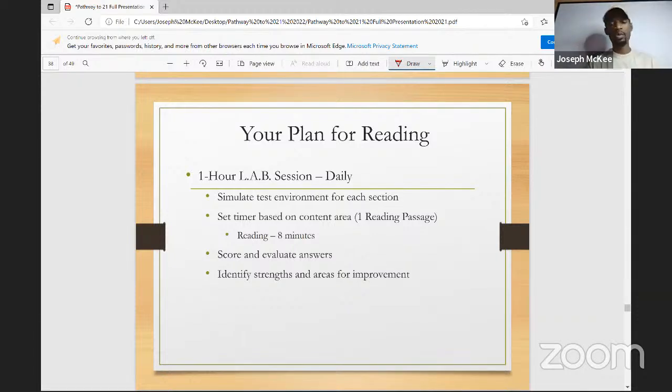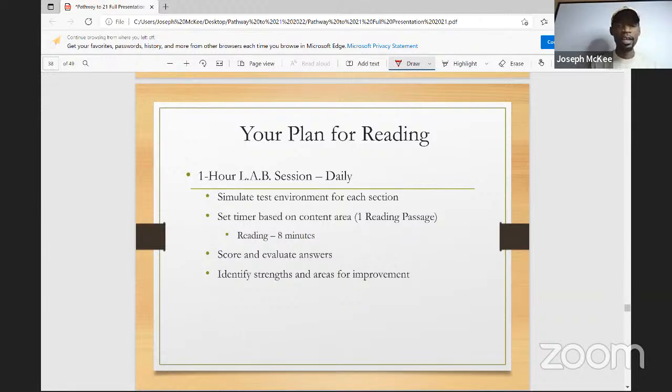If you get 6 questions for each passage, 6 times 4 is 24. So now you're in a position to get above a 21 on that reading section. So you need to at least get 50 to 60% of your questions right for each passage. If you do that, you won't have a problem getting to a 21 on that reading segment.